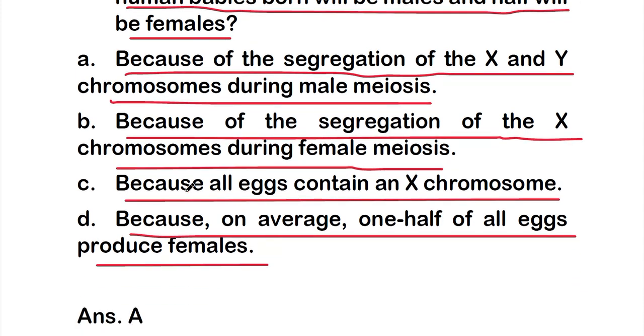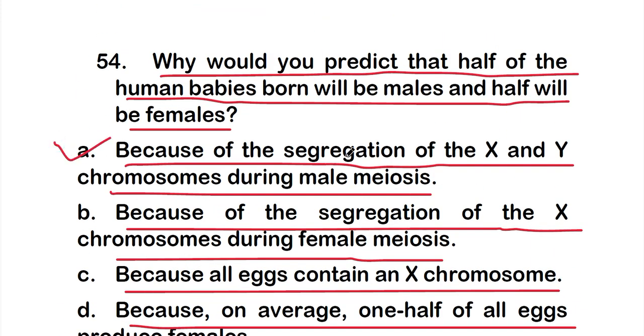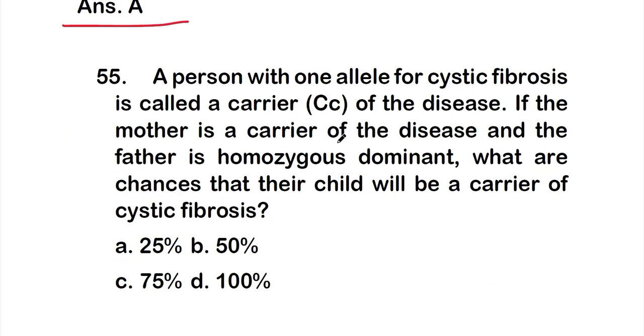So the right one is option A, that is because of the segregation of the X and Y chromosomes during male meiosis. So why would you predict that half of the human babies born will be male and half will be female? That is because of the segregation of the X and Y chromosomes during male meiosis. Okay. So next is question number 55.